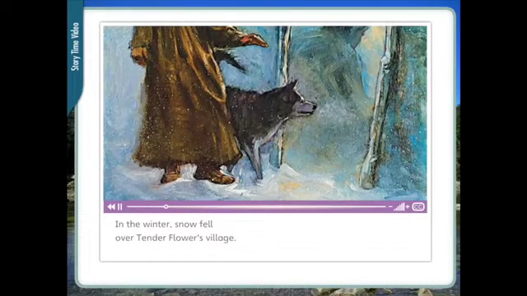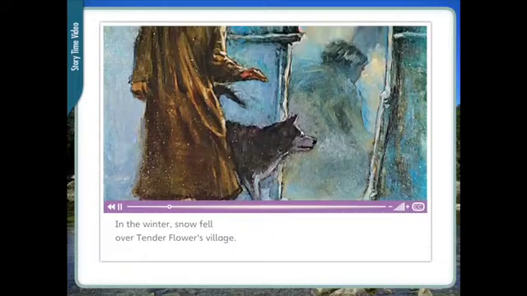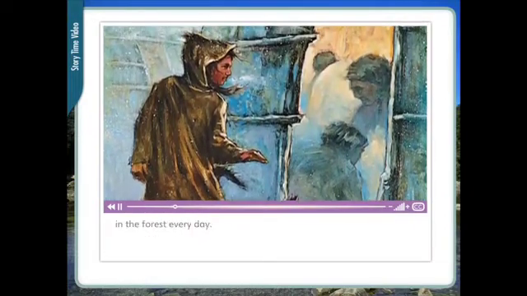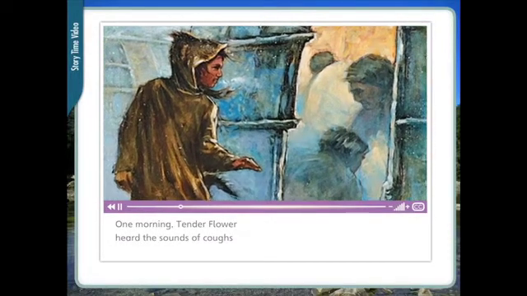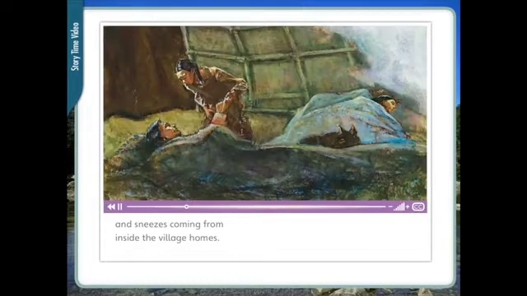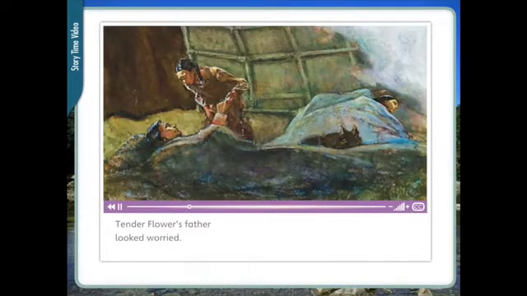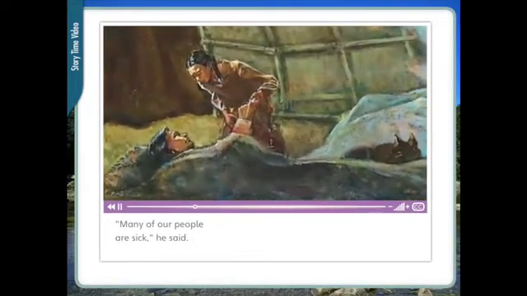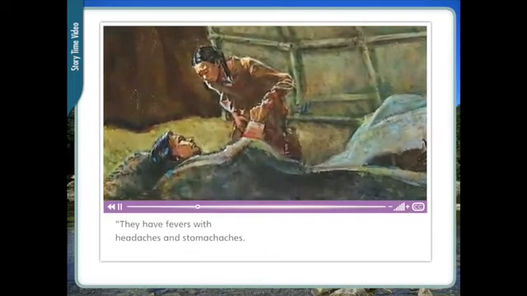In the winter, snow fell over Tenderflower's village. Snow covered the forest trails, but Tenderflower still walked in the forest every day. One morning, Tenderflower heard the sounds of coughs and sneezes coming from inside the village homes. Tenderflower's father looked worried. "Many of our people are sick," he said. "They have fevers with headaches and stomach aches.